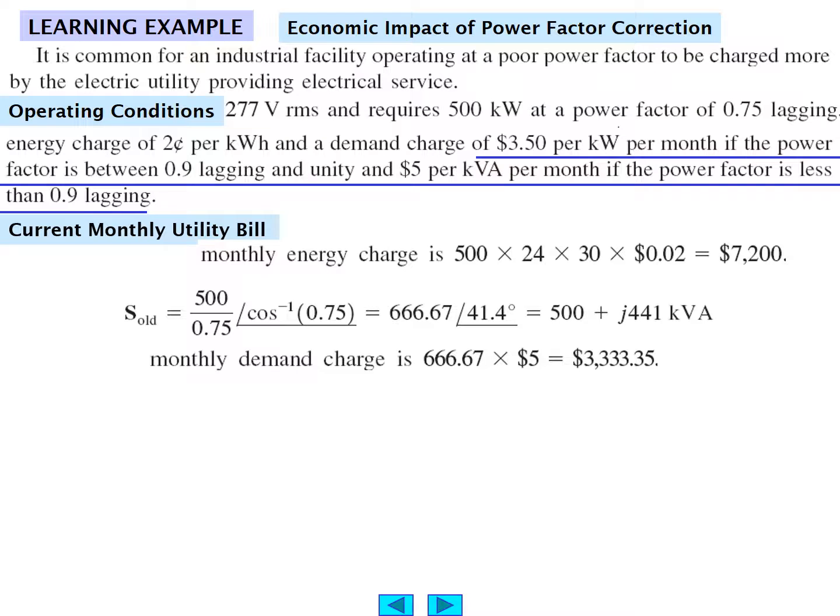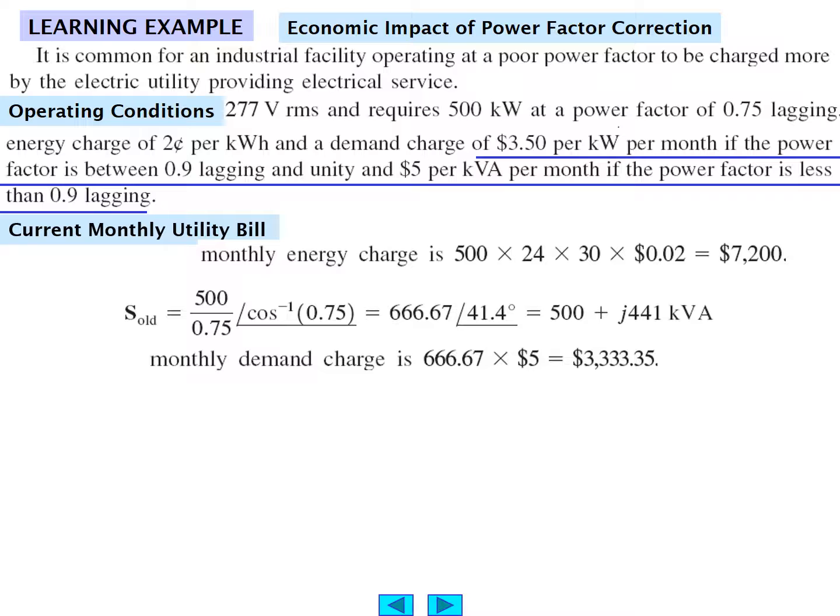So the complex power S old would be 500 divided by 0.75 at an angle of the arc cosine of the power factor of 0.75, which would be 666.67 at an angle of 41 degrees. And that would be in kilovolt amperes, as it turns out, because it's kilowatts to begin with.